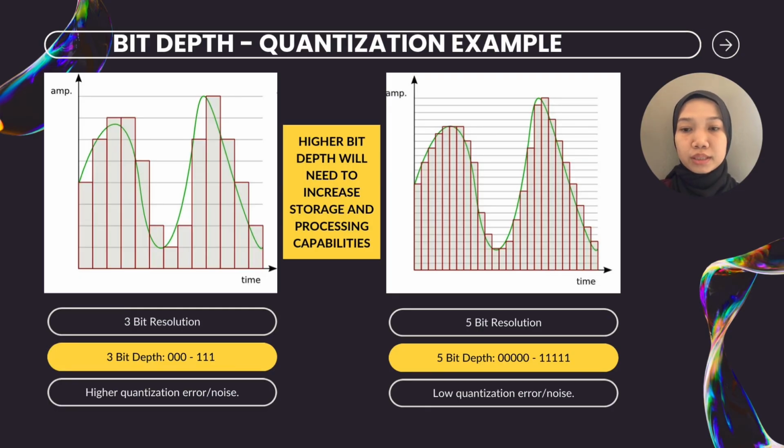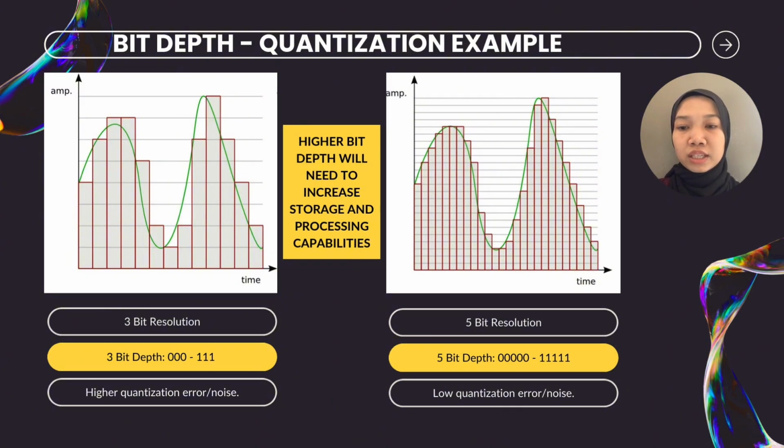For example, there are two different graphs that show the 3-bit resolution and the 5-bit resolution. The green graph shows the original signal and the red graph shows the quantized signal. The range for the 3-bit depth starts with 000 until 111. And for the 5-bit resolution, it starts with 00000 until 11111.